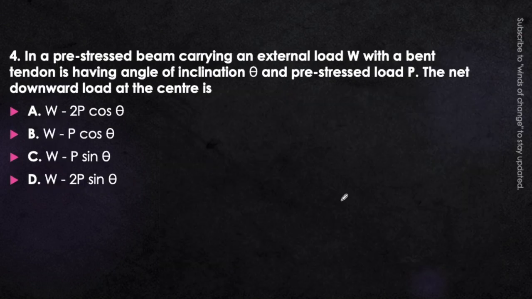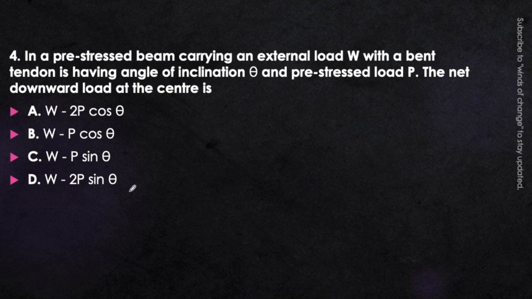Next question. In a pre-stressed beam carrying an external load W with a bent tendon having angle of inclination theta and pre-stressed load P, the net downward load at the center is W minus 2P cos theta, W minus P cos theta, W minus P sin theta, or W minus 2P sin theta.